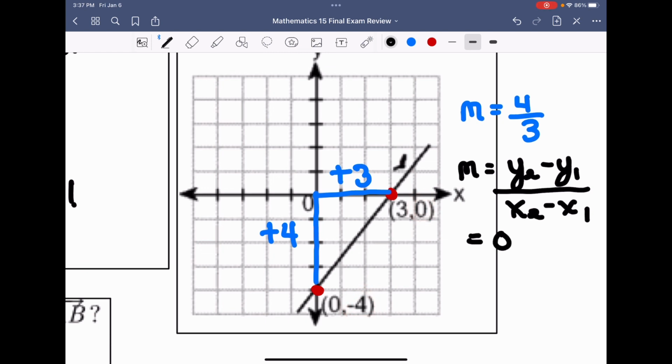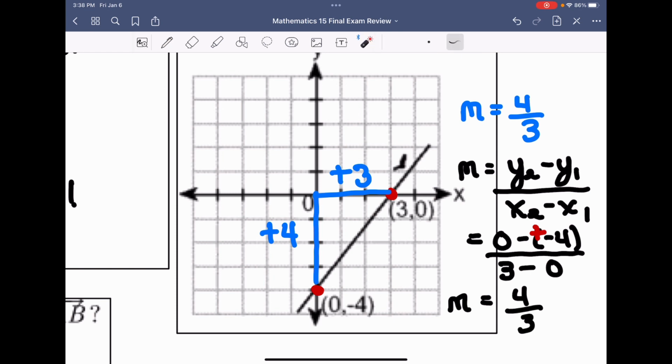So I go 0 minus -4 over, and if this is my second point, x2 is 3 and x1 is 0, so 3 minus 0. Therefore, the slope is equal to 0 minus -4, which is +4, over 3 minus 0, which is 3.